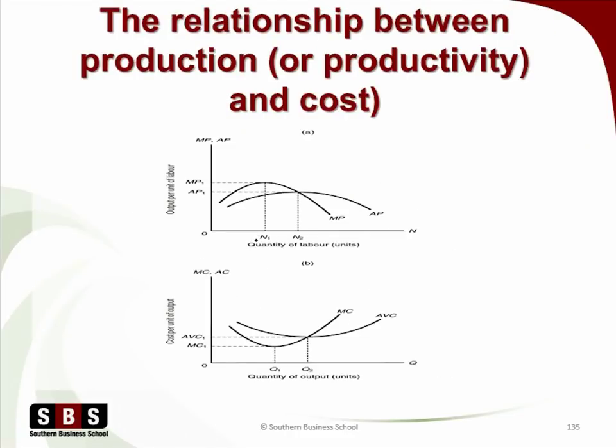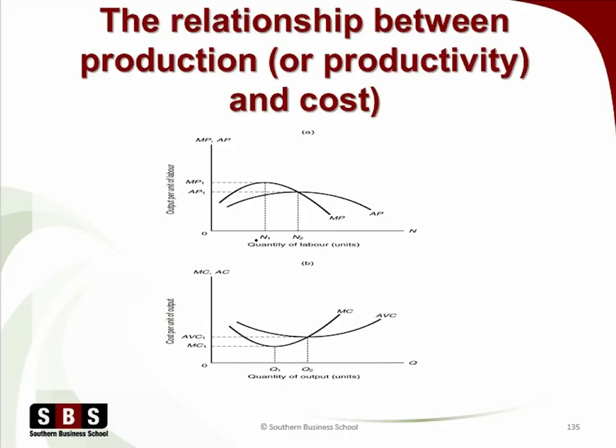I just want to get to these. I'll get back to the tables now. Just in terms of the graphs that I've just addressed there, you need to know what the shapes of the marginal product curves and the marginal cost curves will be. So the product will be sloping downwards and the costs will be sloping upwards.